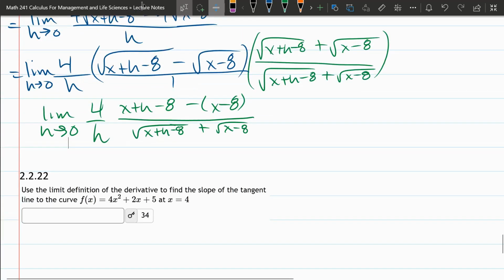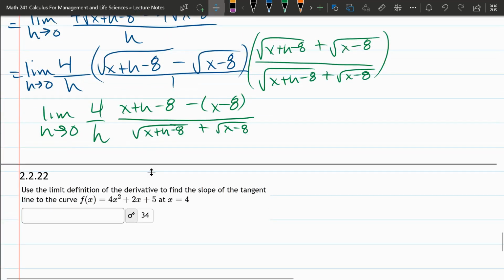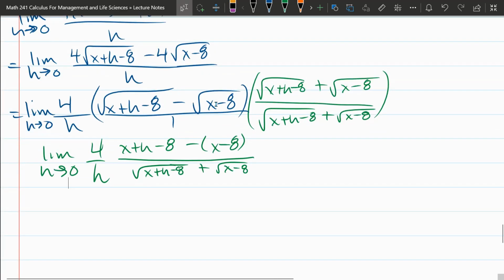All right, what to do next? We are getting there. There needs to be cancellation at this step. So I'm going to go back to blue here. I'll cancel in orange. x minus x cancels. And the negative 8 minus negative 8, or negative 8 plus 8, cancels. And what we're left with is just h.